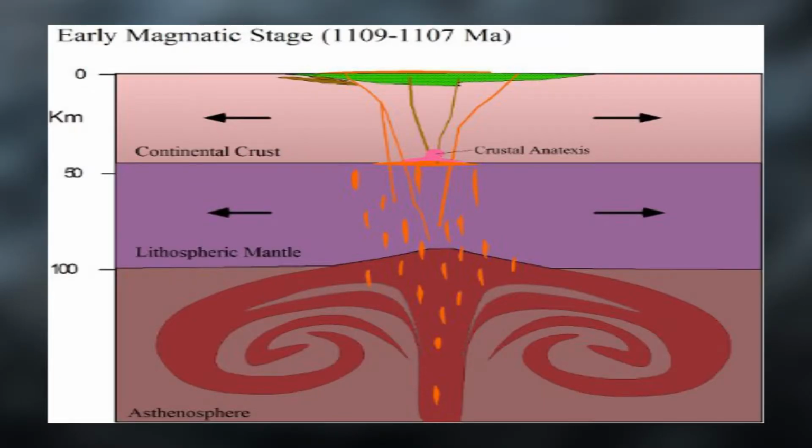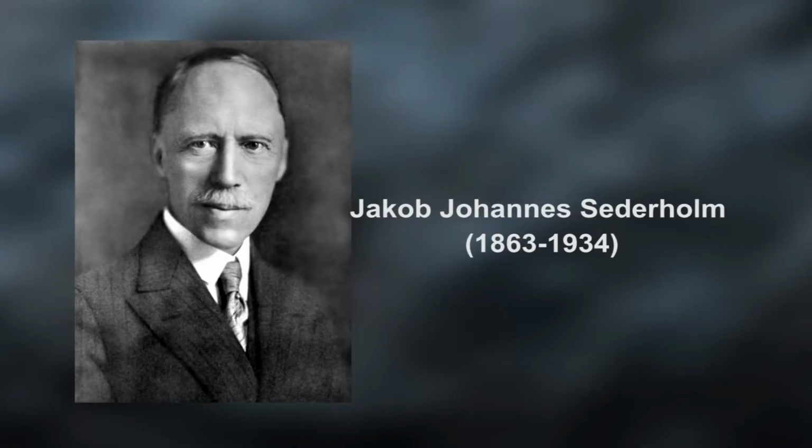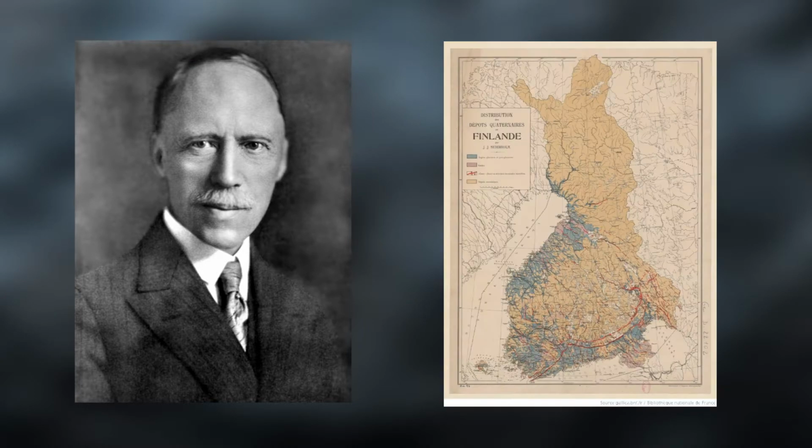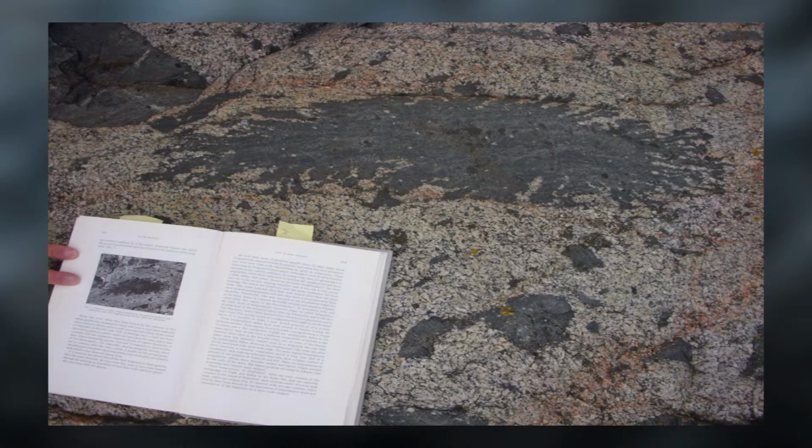The only mechanism for generation of granitic melt is anatexis, or partial melting of crustal rock. The mechanism was proposed by Sederholm in 1907 from field observations in the Finland region, where granitic rocks are intimately associated with mixed rock called migmatite.